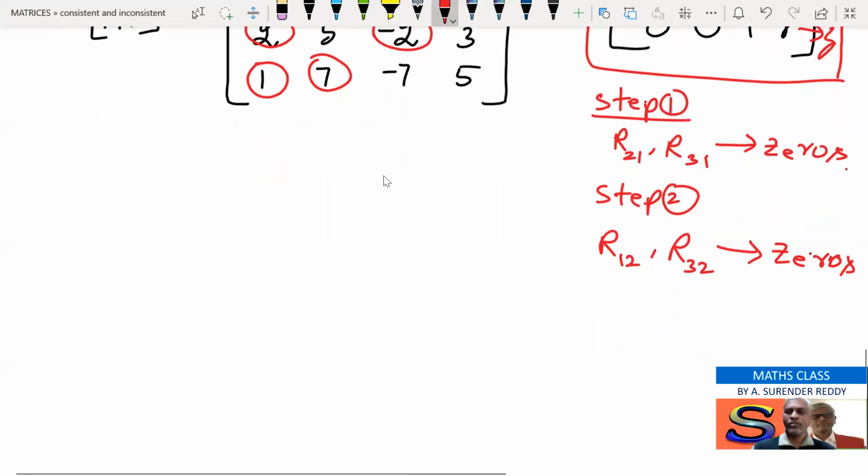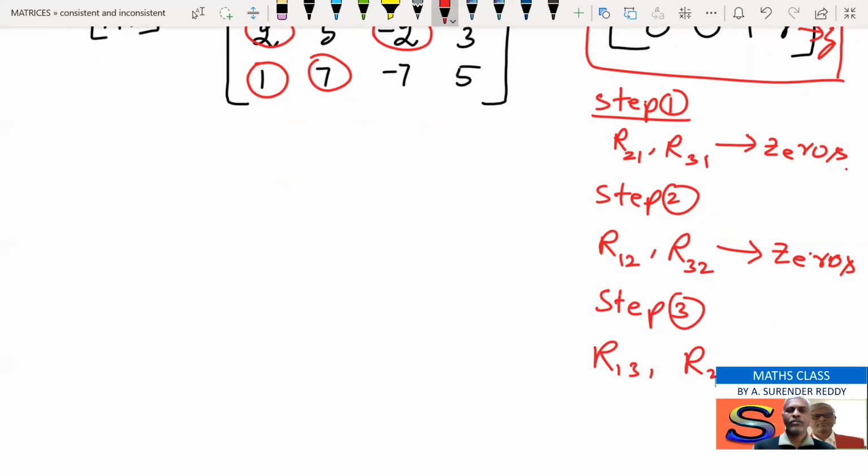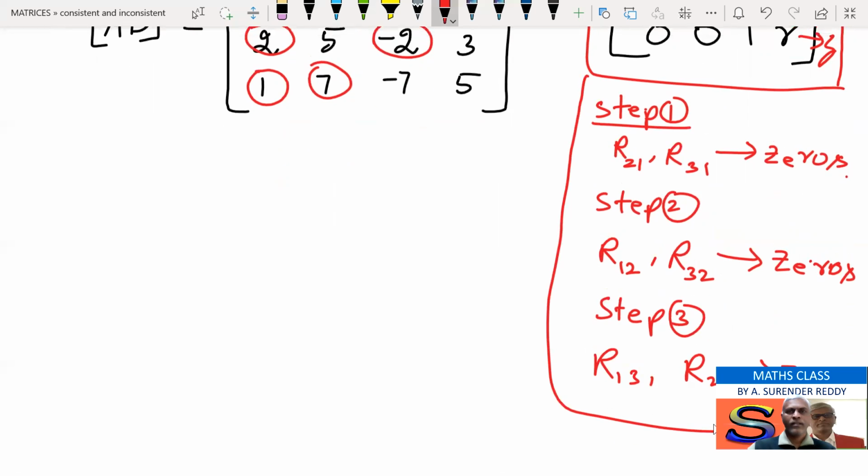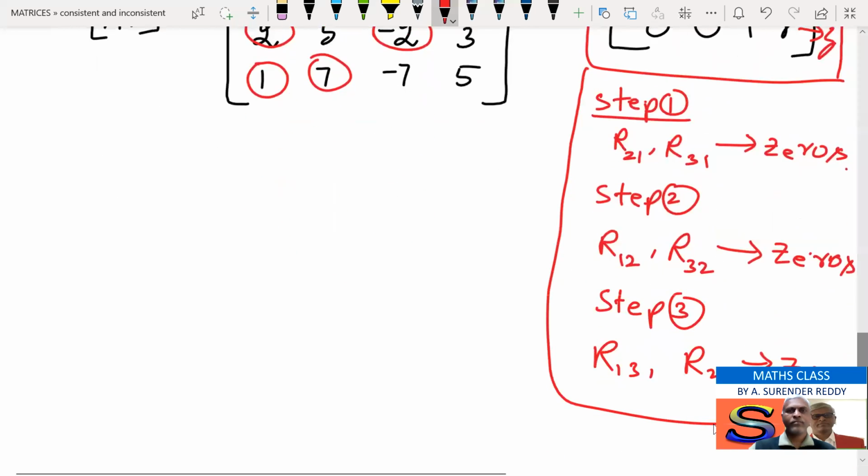So converting into zeros is very important. This is the procedure we follow in this conversion.